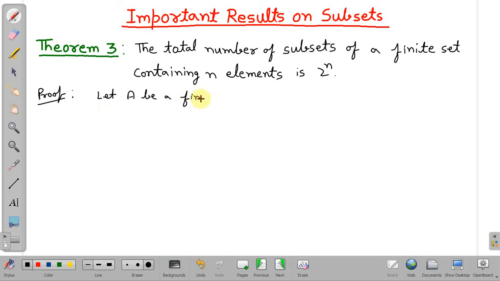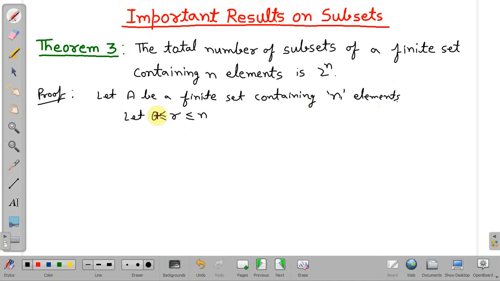So what is a finite set? A finite set has a number of elements which can be counted. So A is a finite set containing n elements. Now let r be such that r is less than or equal to n and greater than or equal to 0.